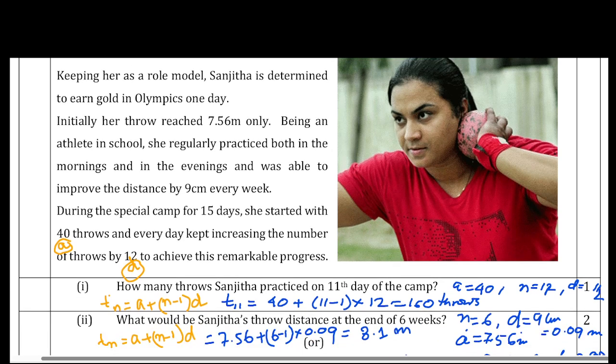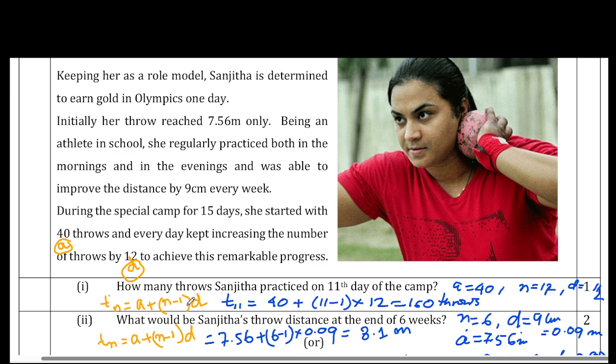What are the questions? How many throws did Sanjita practice on the 11th day? She threw 40 throws the first time, so that will be the first term of the arithmetic progression, 40, and keep increasing 12 regularly means that will be your interval, that is d, common difference 12.